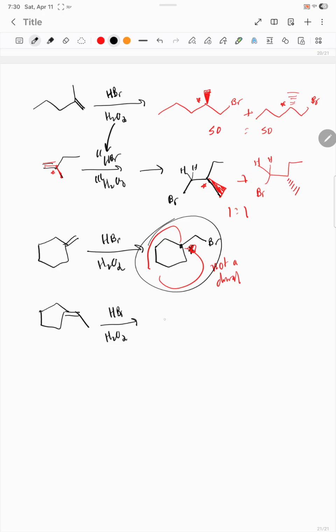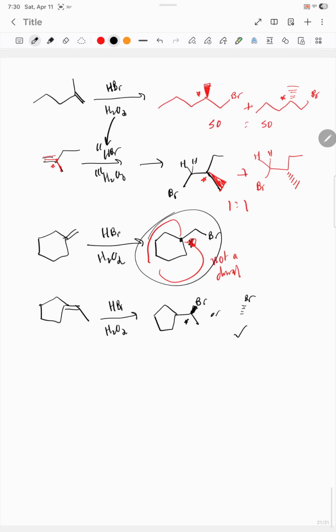We will also get Br like this. Now, this is a stereocenter. Is this racemic? Let's see. Looks like yes. The Br can come out front, or it could go out like this. So this is correct.